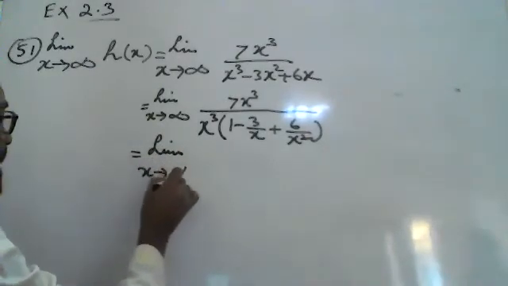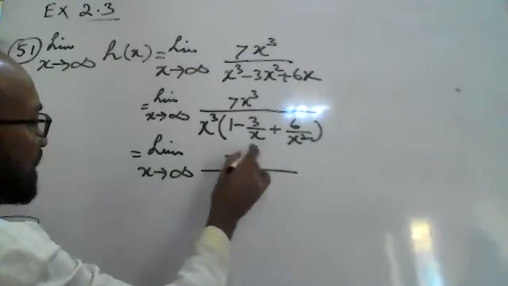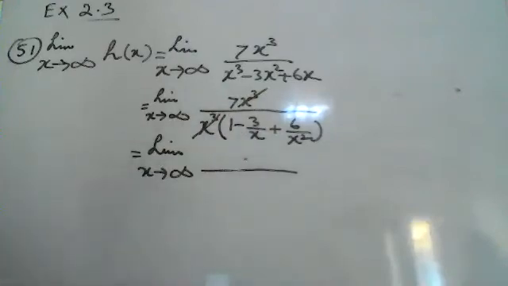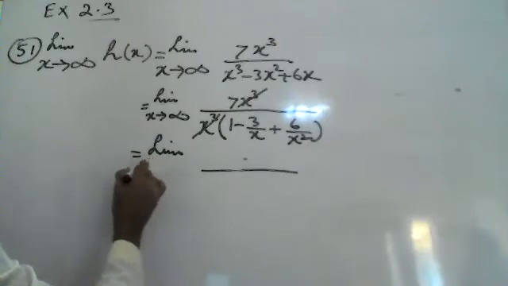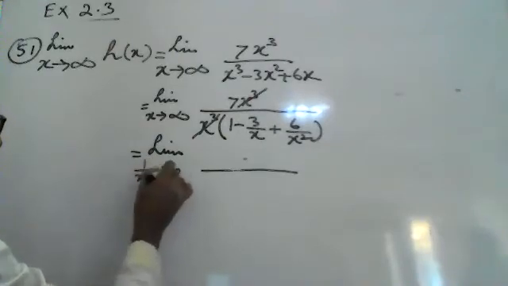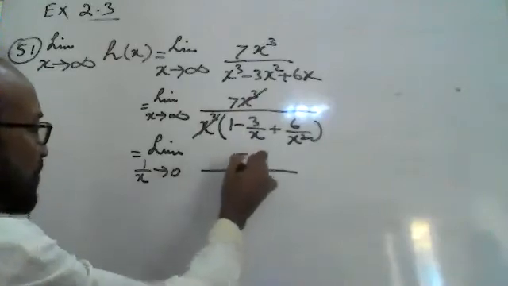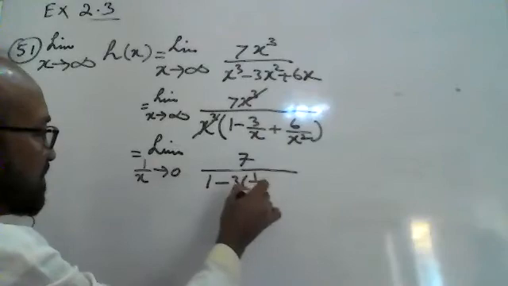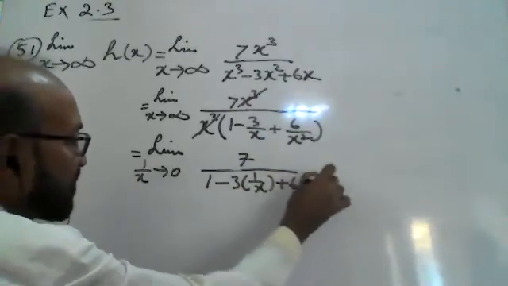x tends to infinity, 7x cube. Here x cube is cancelled. So 1 over x tends to 0. It will become 7 over (1 minus 3 into 1 over x plus 6 into 1 over x square).